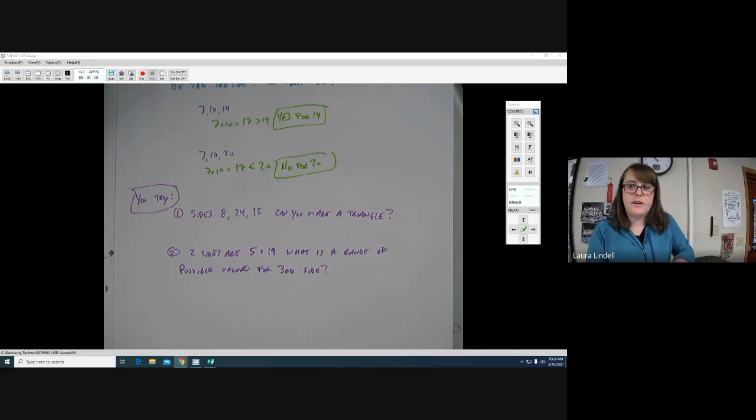All right, we got a vote for 8 and 24. Anyone else think they know which 2 numbers we should add together to check? All right, we got a couple votes for 8 and 24. We got a vote for 8 and 15.